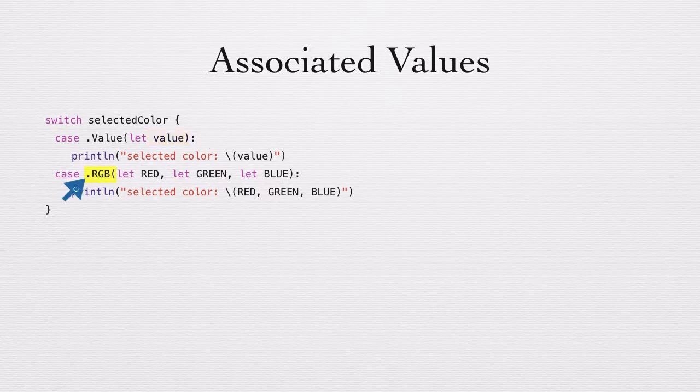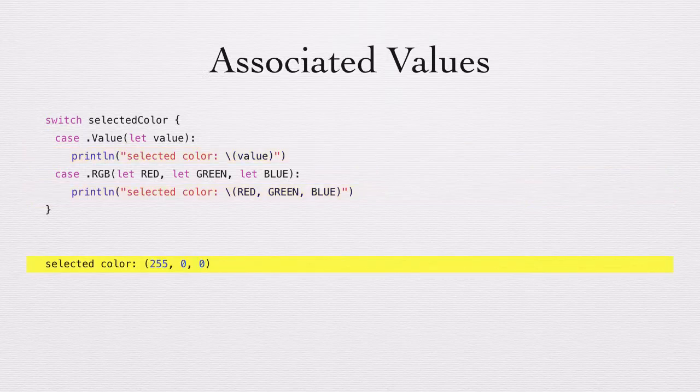The next case matches the RGB case of the color enumeration. We declare three constants here to hold the three integer values of this case type. We print the associated constants in the two print statements.